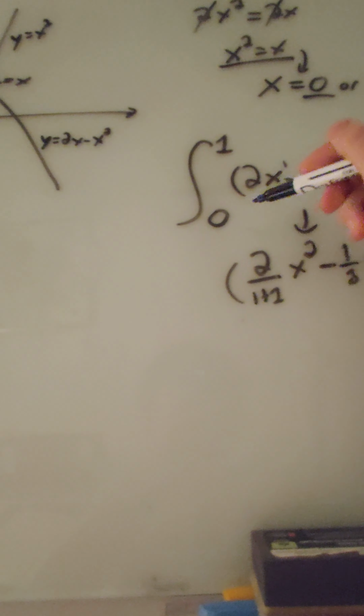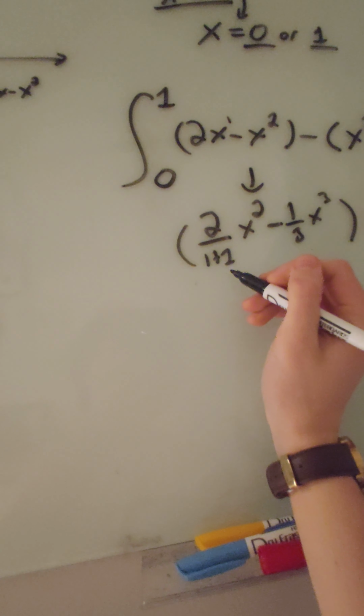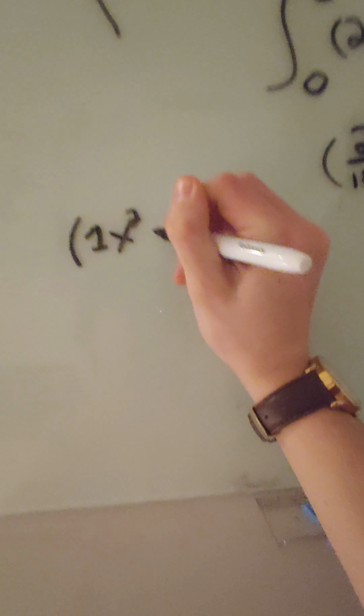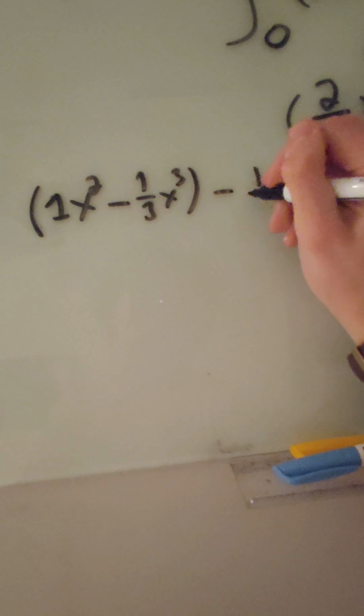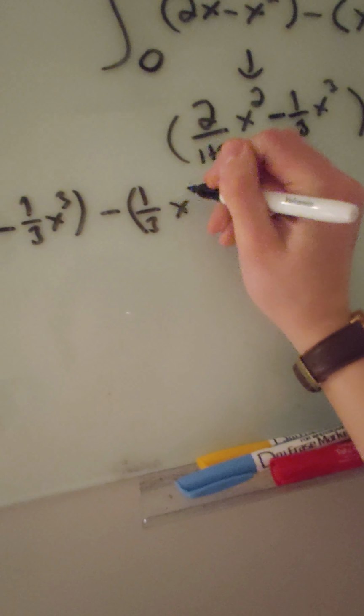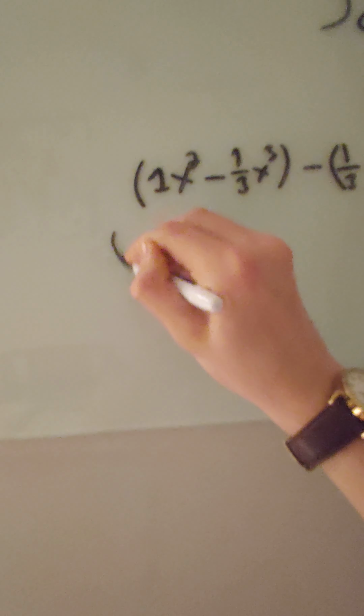All right, so now we can apply our upper limit and our lower limit to this integral. Notice how 2 over 1 plus 1 is just 1, so it becomes 1x squared minus 1 over 3 x cubed, minus 1 over 3 x cubed. We can expand this.